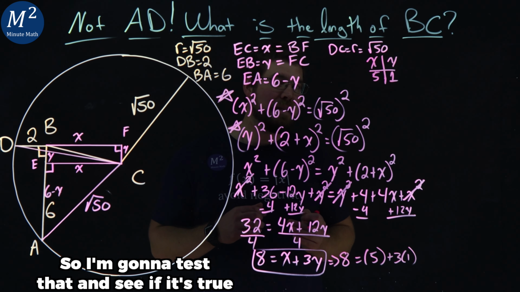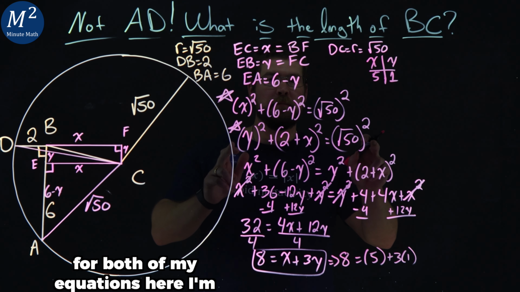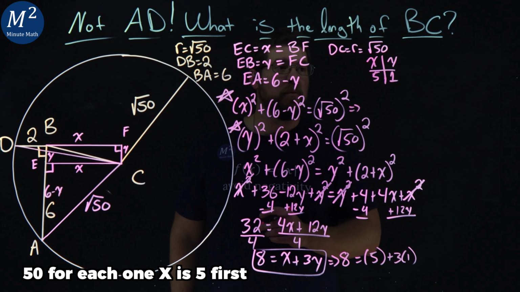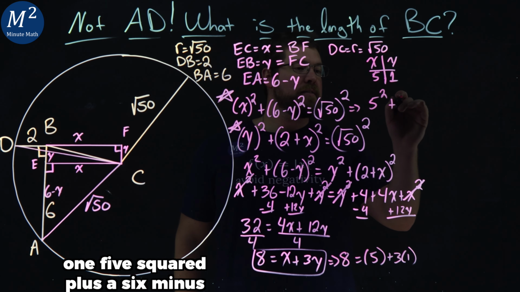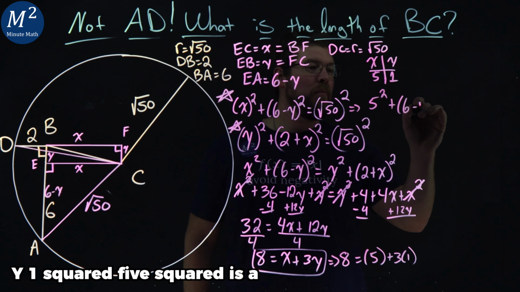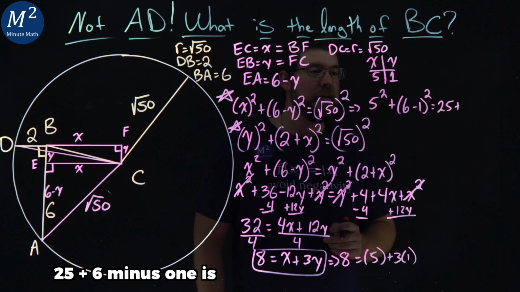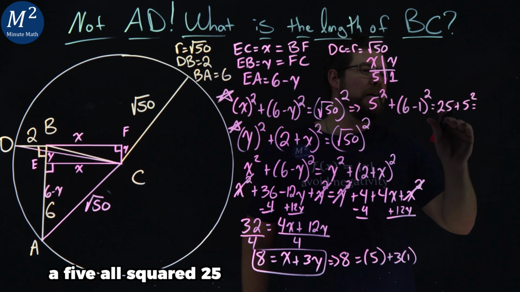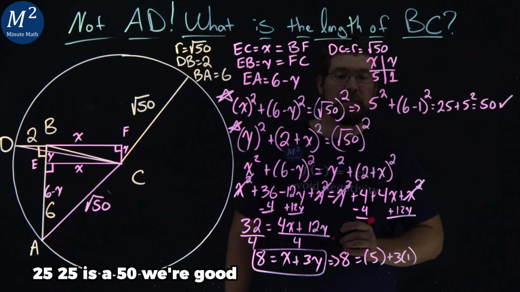So I'm going to test that and see if it's true for both of my equations. I'm going to plug it in, and we should get 50 for each one. X is 5, first one 5 squared, plus 6 minus y, 1, all squared. 5 squared is 25, plus 6 minus 1 is 5 all squared, 25. 25 plus 25 is 50. We're good.